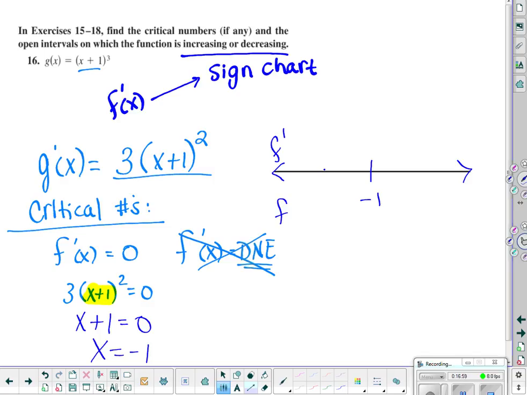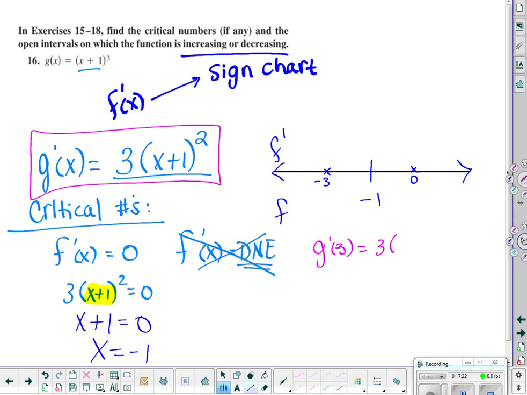And we just need to pick out a couple little test values, right? Something to the left, maybe I'll use -3. Something to the right, I'm going to use 0. And we will plug it back into the first derivative because we want to know what the first derivative sign is. Is it positive or is it negative? So -3 goes in. G prime of -3 would give us 3 times -3 plus 1 quantity squared.